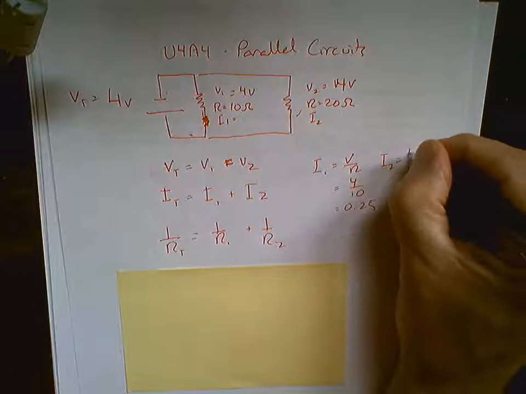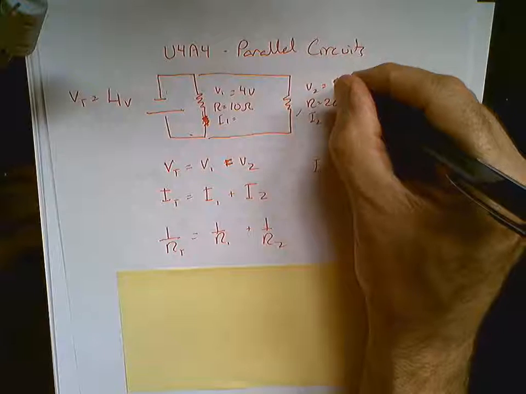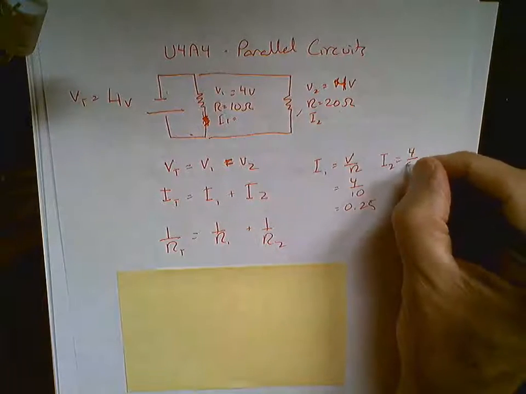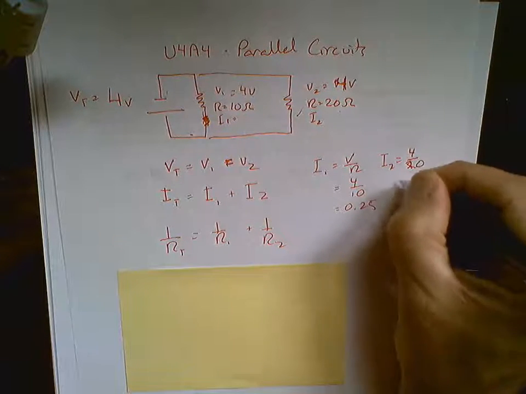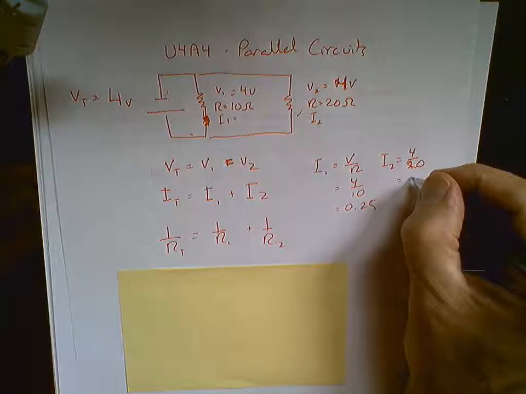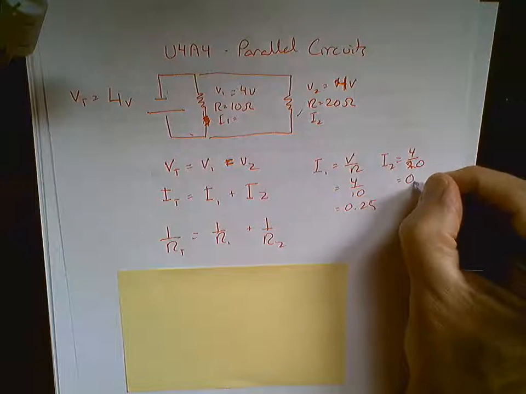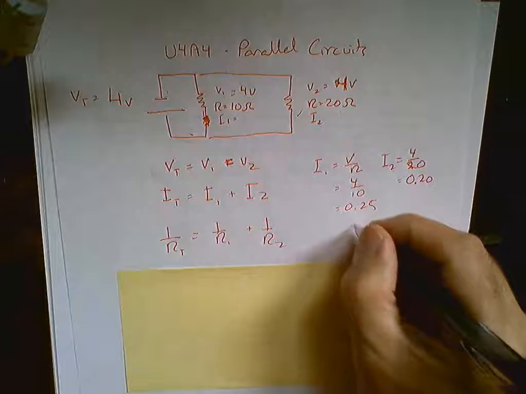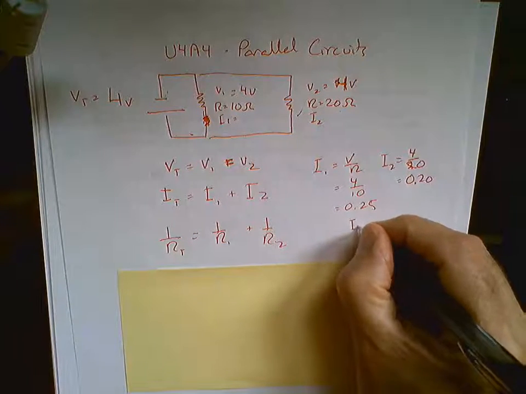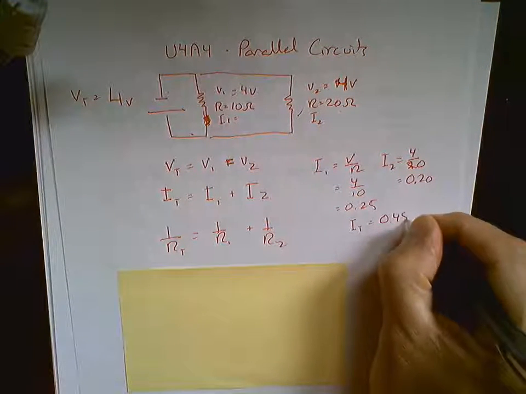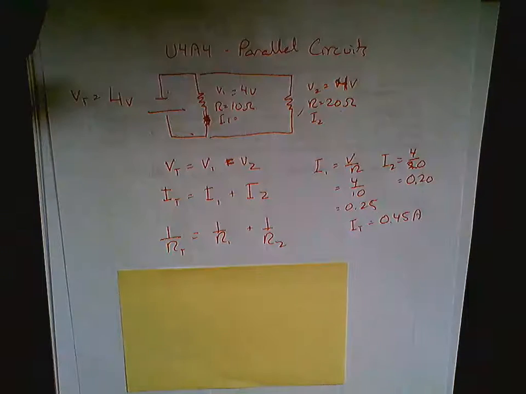In I2, we're going to have that 4 volts divided by the 20, which is 0.20. So our total amperage is going to be 0.45 amps if we add those two up.